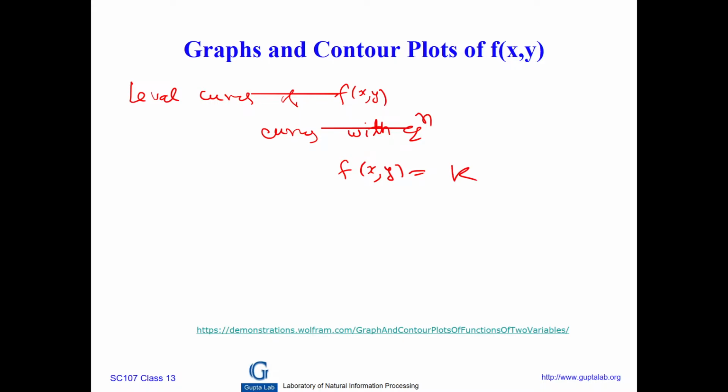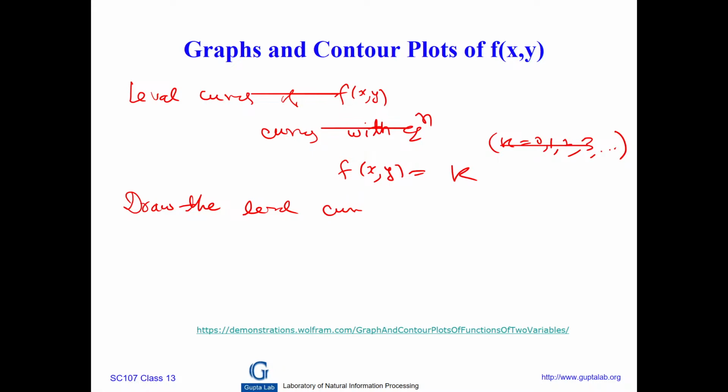For example, draw the level curves for k equal to 0, 1, 2, 3. K is a constant which you can vary. So k equal to 0 will give you one slice, k equal to 1 will give you another slice. Different slices will be given to you.